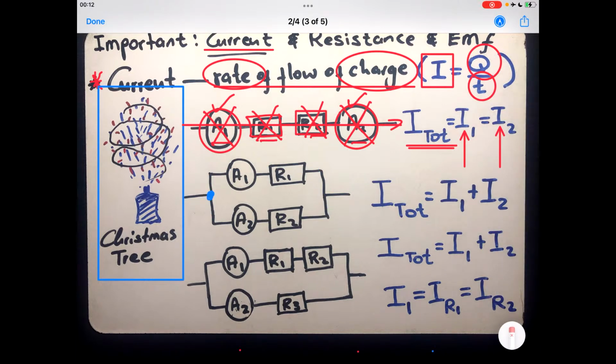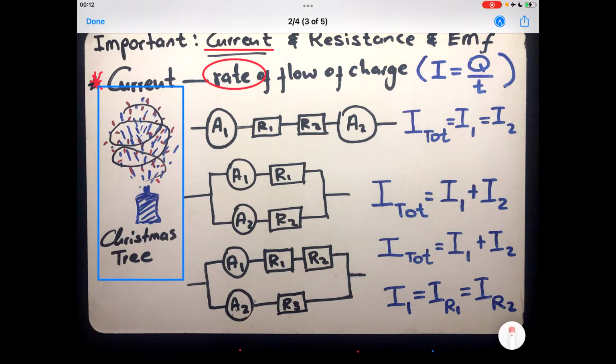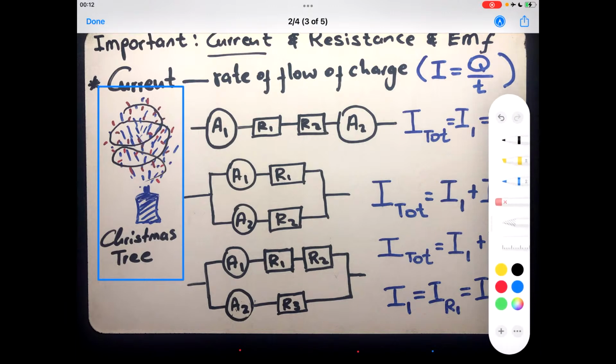Let me remove all of that, because all of that has been explained. I will still remember to explain that Christmas tree there. Let me try this and see if it works.